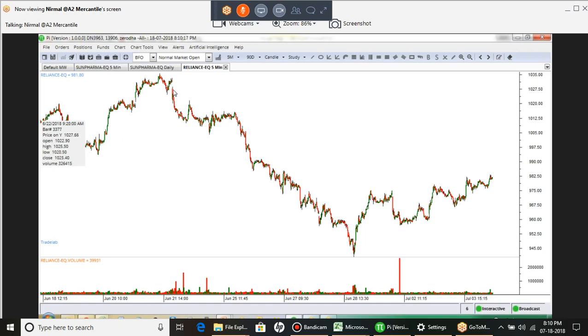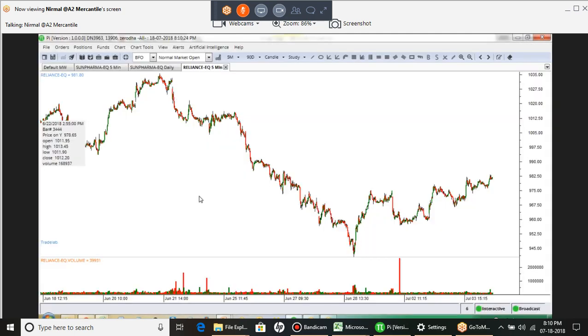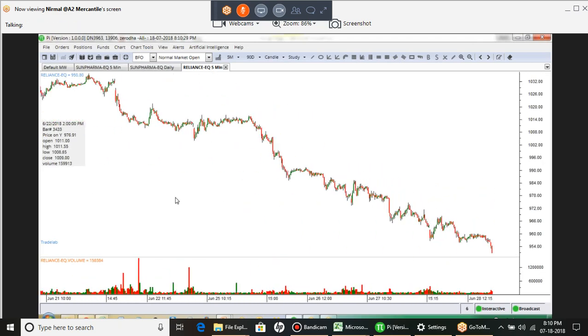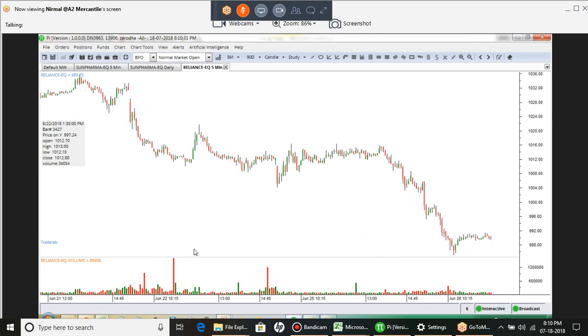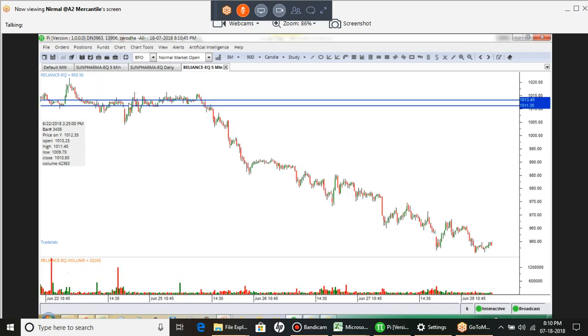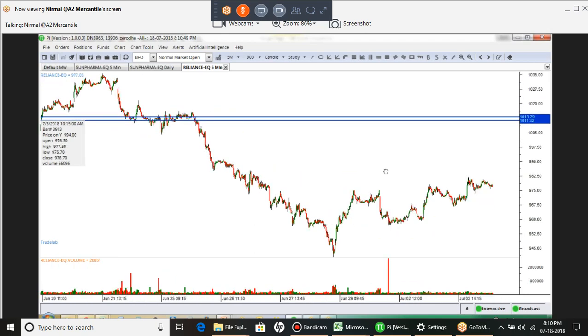Okay. 22nd of June is when it happened, right? So this is the place. Now let's see. So this seems to be a significant place. So 1105. You can see the levels, the way they are respected, etc. But let's see.